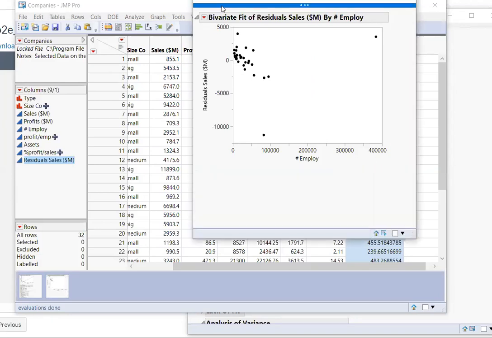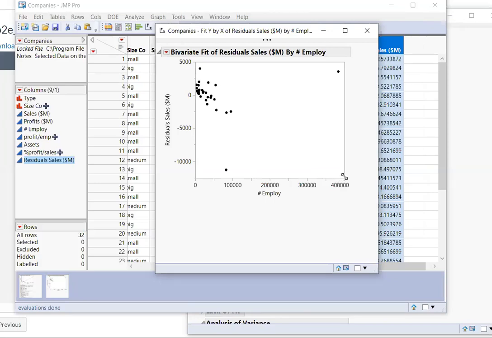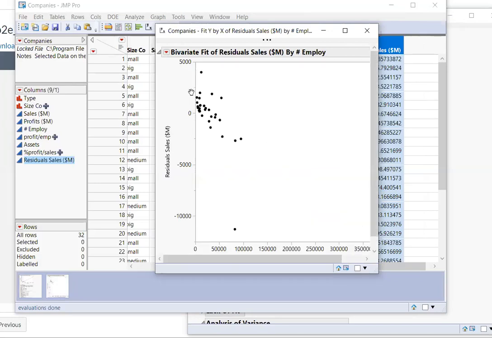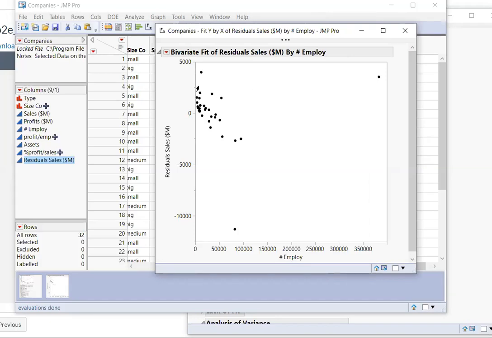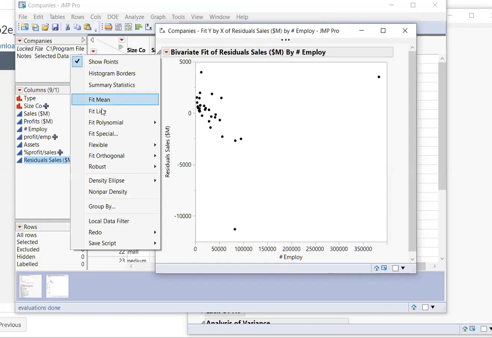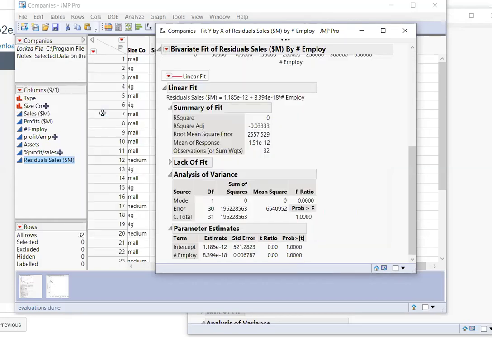What we hope to see here is a set of residuals that don't have any pattern, first of all. Second, they have similar variances. To check that, go to the red triangle, fit line, that creates the horizontal line for us.